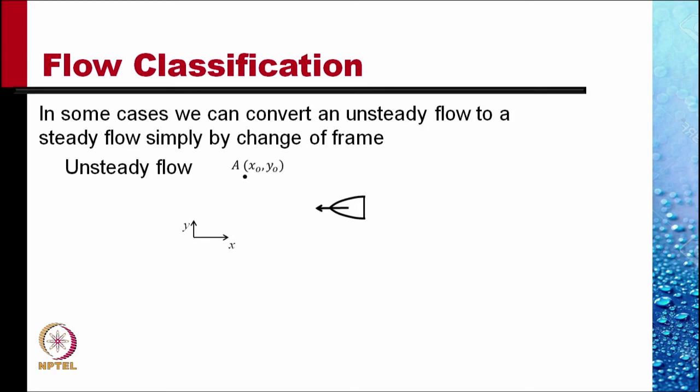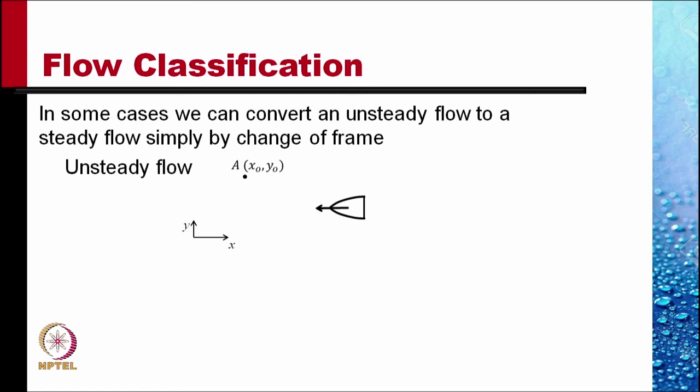In some cases, we can convert an unsteady flow to a steady flow simply by change of frame. There is a body that is moving towards the left with a constant velocity. Let's consider a point A at a location x naught, y naught and record the change in velocity.